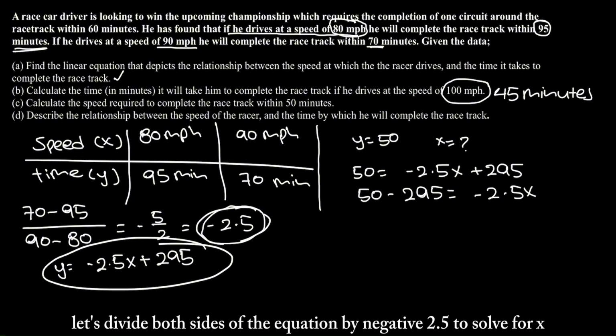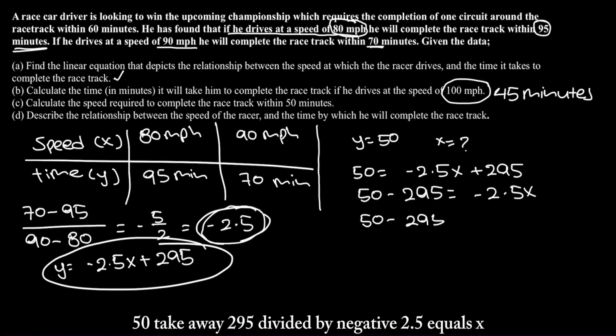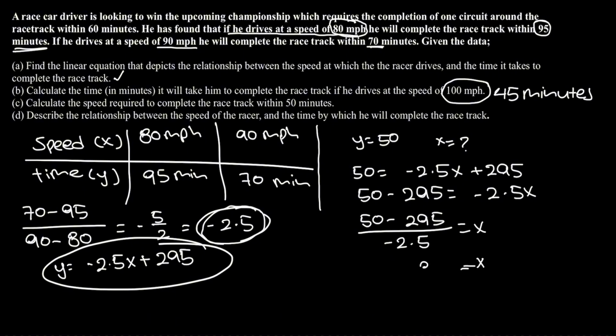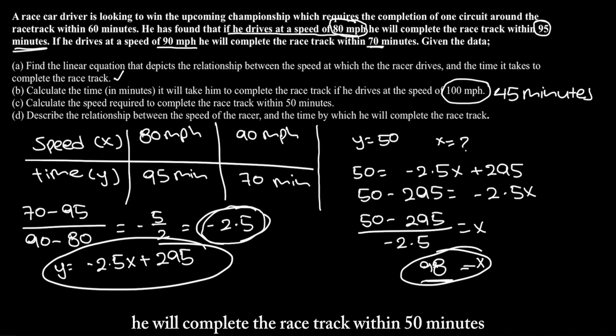Let's divide both sides of the equation by negative 2.5 to solve for x. 50 take away 295 divided by negative 2.5 equals x. x equals 98. Let's interpret the results. This basically means that when the racer drives at a speed of 98 miles per hour, he will complete the racetrack within 50 minutes.